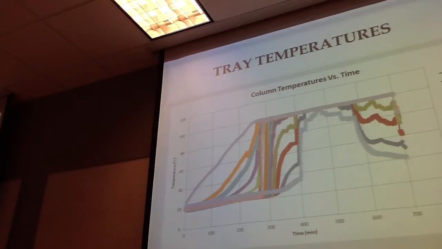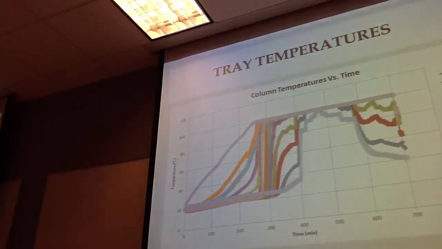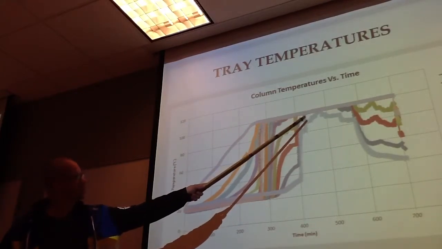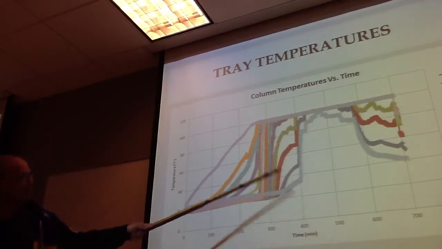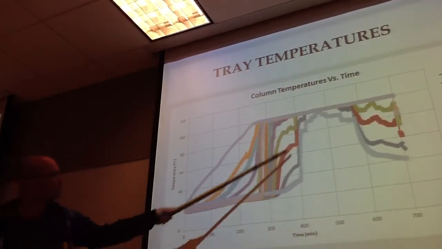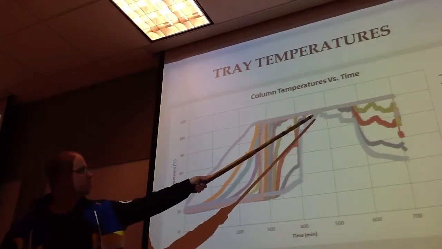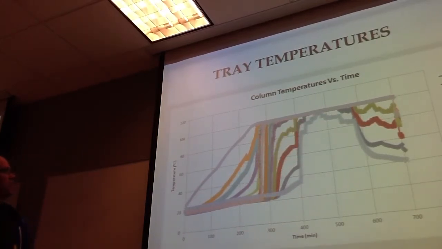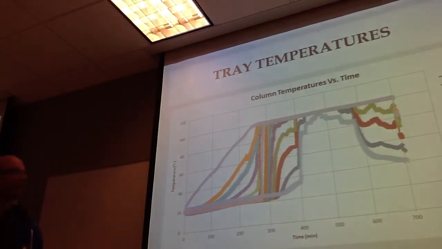The tray temperatures for that experiment, to me the most notable feature is that once they get up to this maximum, the line representing the reflux temperature is right here. So as soon as they start stepping down, the temperature starts dropping. So that again is part of understanding, or an attempt to understand, the thermodynamic properties.